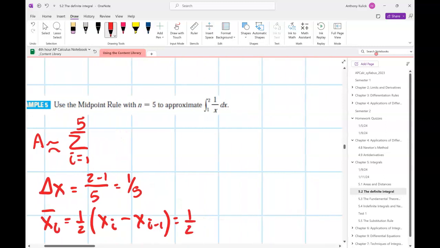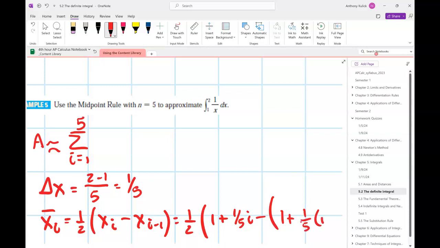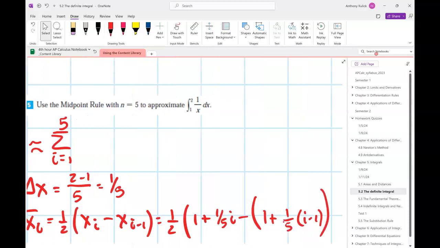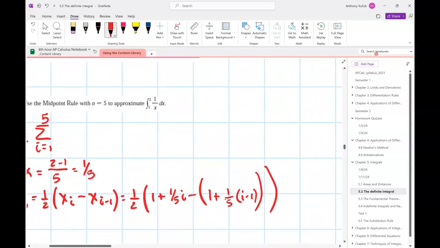So remember, our formula for xi from before is a plus delta x times i, and then we're going to add a plus delta x times i minus 1. Everybody's okay there? When I do that, the 1's cancel out.